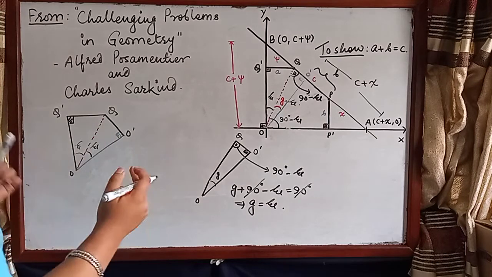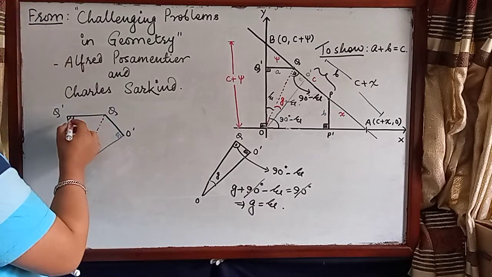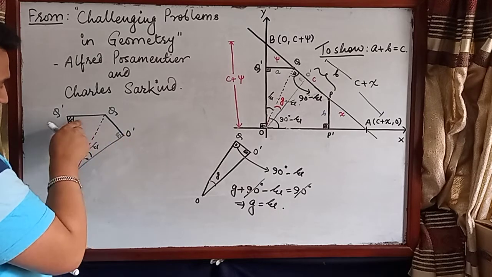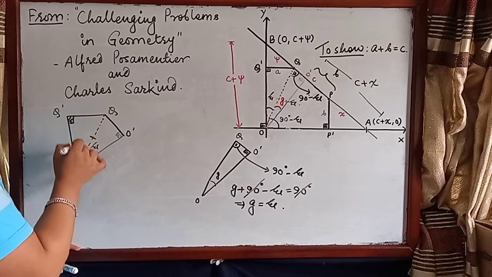Just as in the previous case, we have a pair of triangles with a common side and two equal angles.